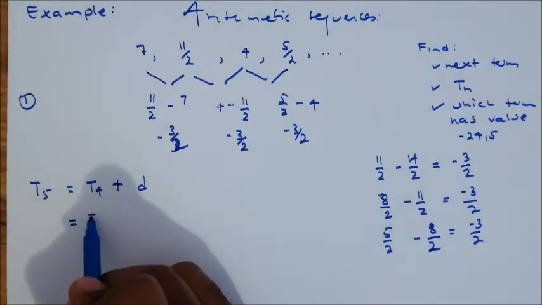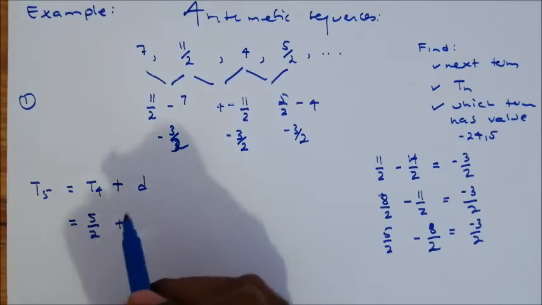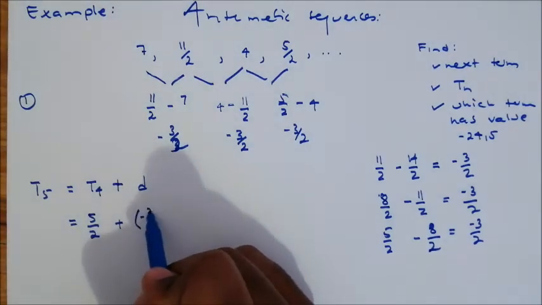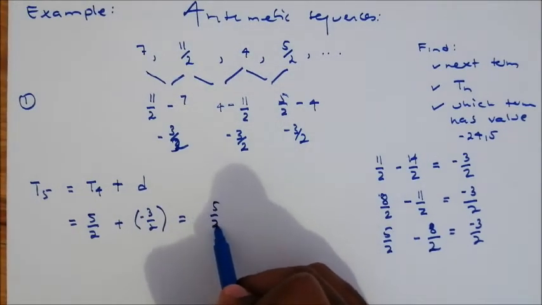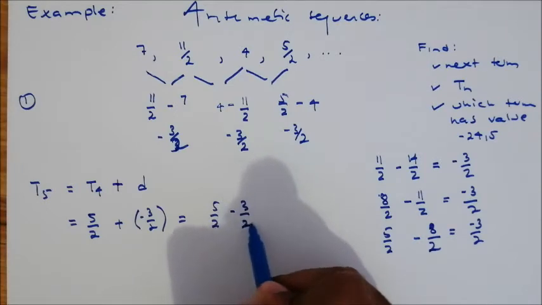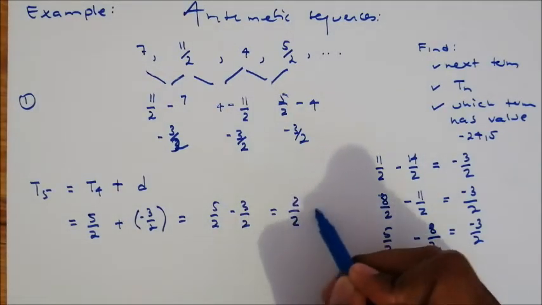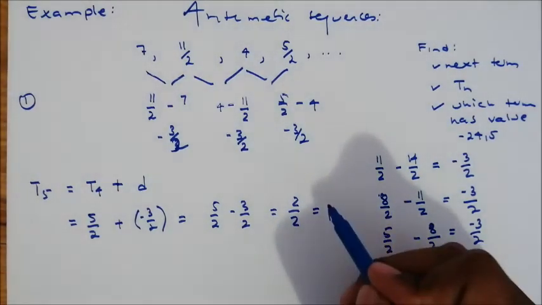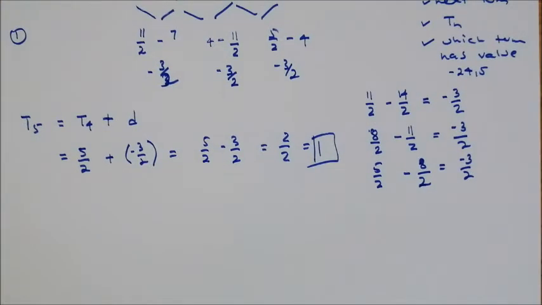So T4 is 5 over 2 plus minus 3 over 2. So this is 5 over 2 minus 3 over 2, right? So 5 minus 3 is 2, divided by 2, that's 1. So the next value is equal to 1, right?